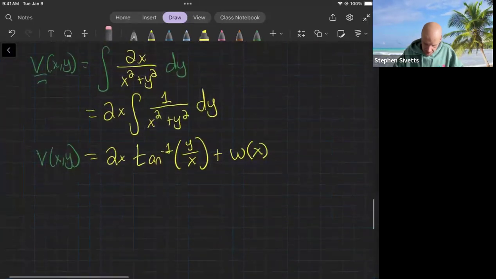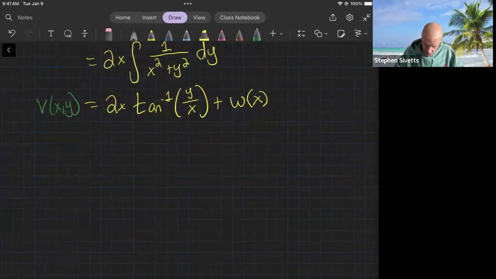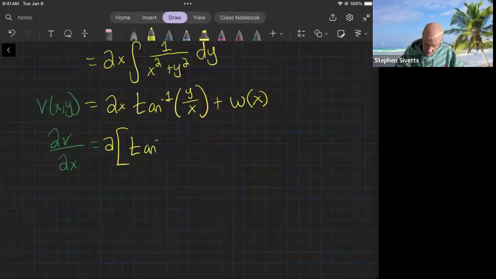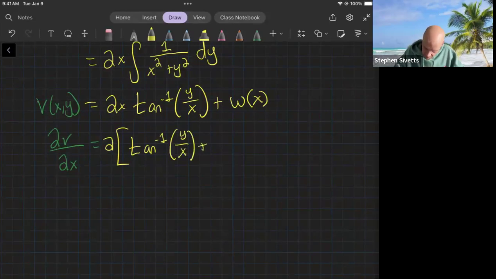So what we're going to do next is take the derivative of v with respect to x this time. Okay, so this would equal 2 times, well, we're going to have to use the product rule here. So I'll have an inverse tangent of y over x, plus x times the derivative of inverse tangent of y over x. So that will use the chain rule.